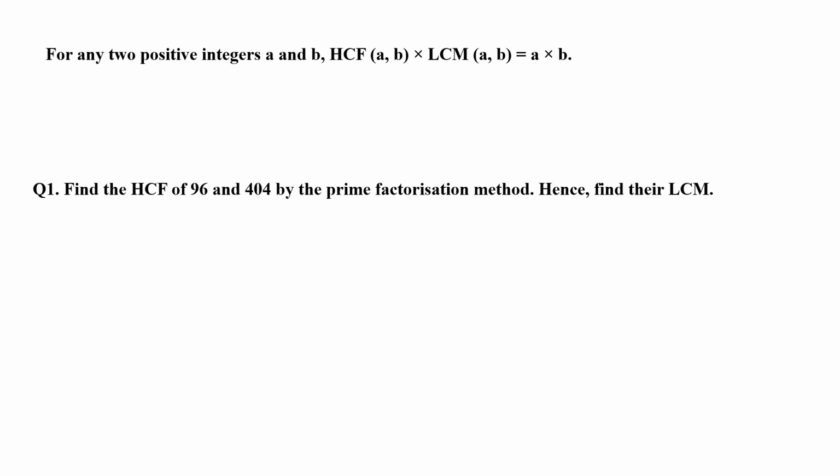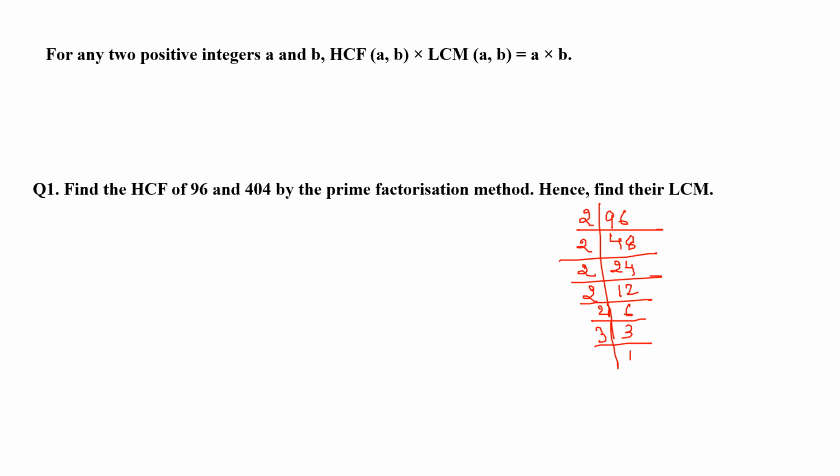So if I do the factorization of 96, I will get 2 times 48, then 2 times 24, 2 times 12, 2 times 6, 2 times 3, and then 3 times 1.